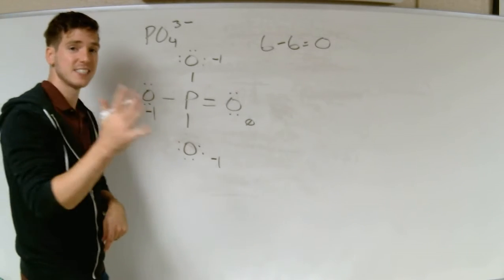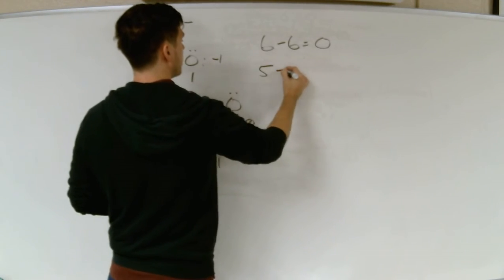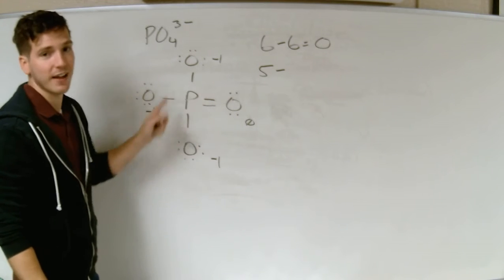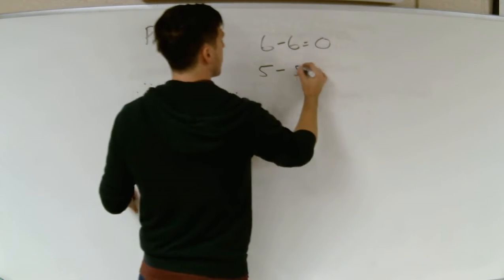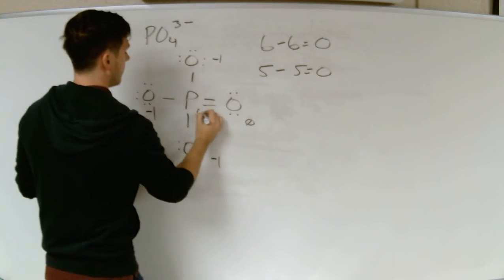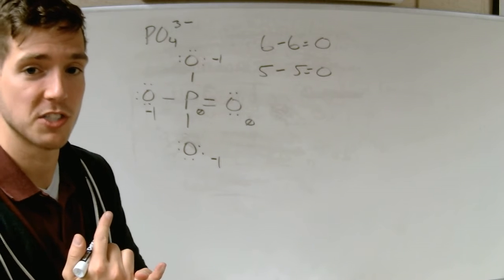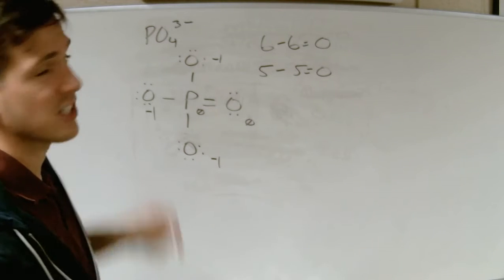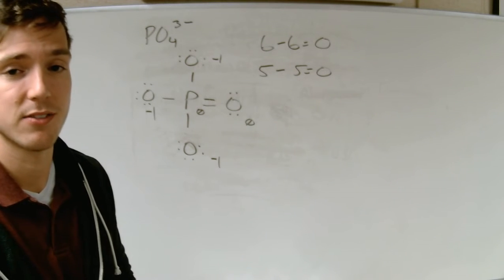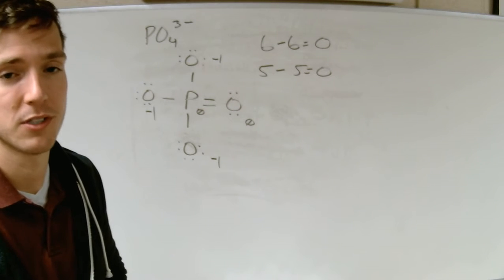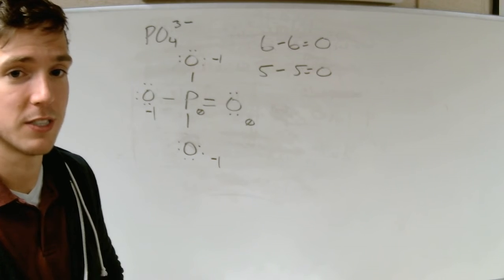It likes 5 valence electrons and it's surrounded by 5, so now it has a formal charge of 0. Our central atom now has a formal charge of 0, and we have matched that overall charge of 3-. So that is the best resonance structure for this Lewis structure.